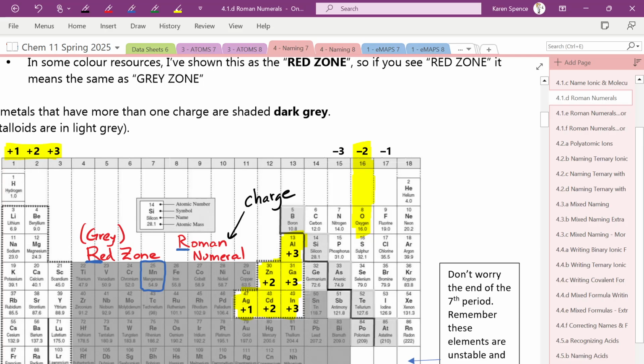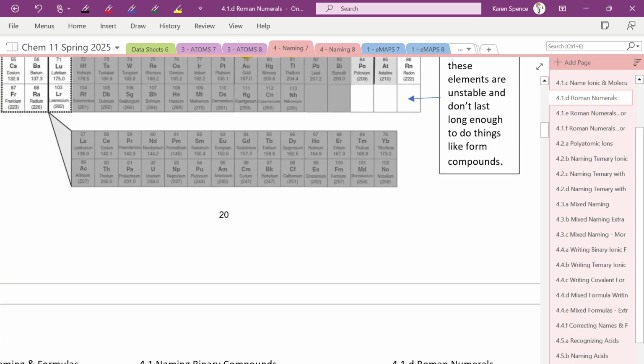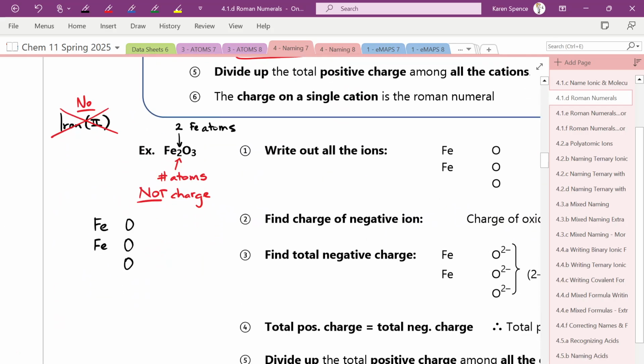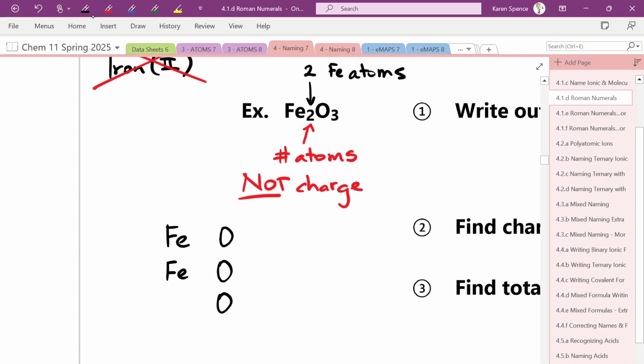And for anyone who's just joining us, we are on page 21. So we know that oxygen is -2. And I have 3 of them, which means that the total negative charge, if I add up -2, -2, -2, that gives me negative how much? 6.